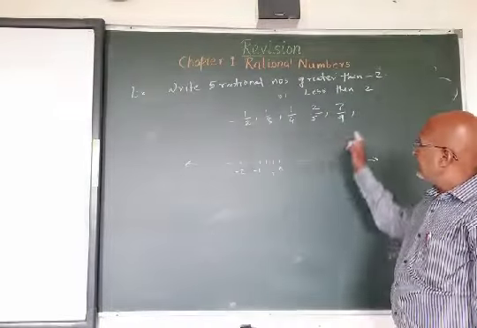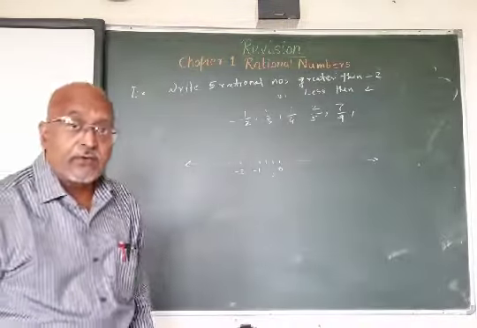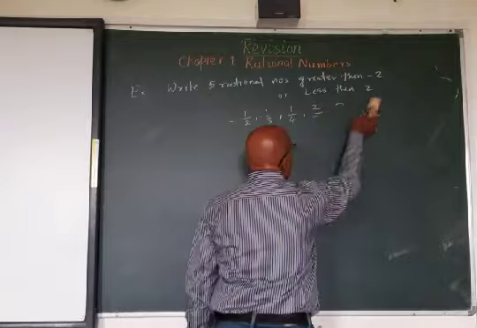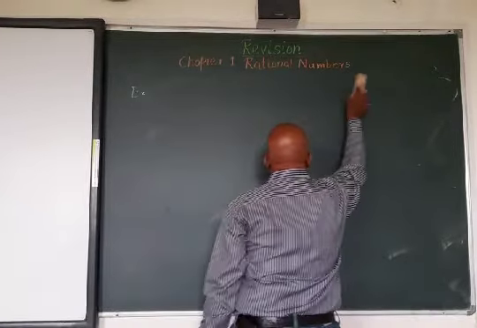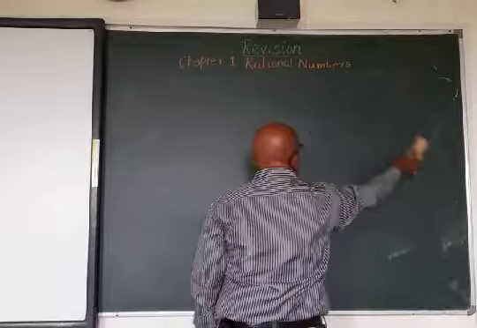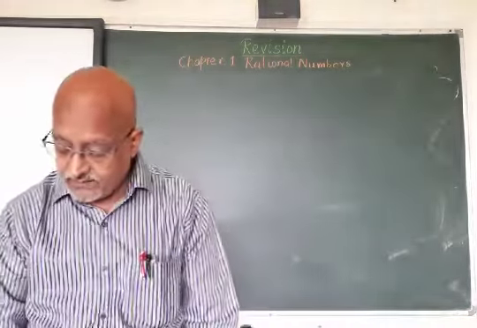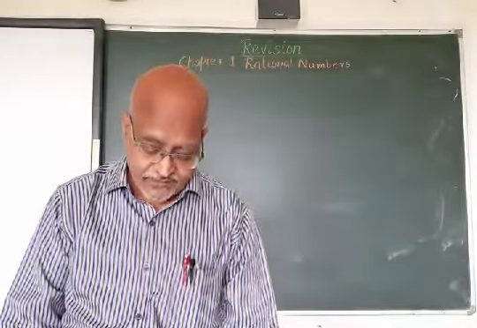Got it clear? So this is the way how we can find out. We just have to understand according to the number line where the numbers lie, and in between those two numbers we can find the n number of rational numbers by dividing the number line as per our requirement.